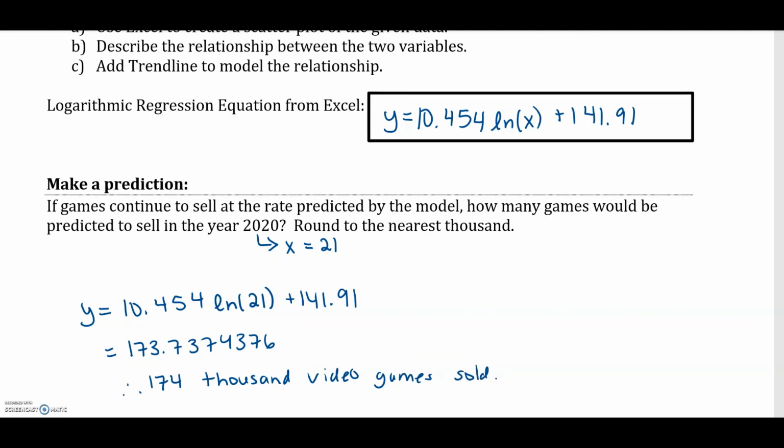Since we're predicting way outside of our data, this is considered an example of extrapolation, and you'd want to do some research on the topic of video games and video game sales, as well as look at what would be reasonable to know whether or not the model would hold this far out.